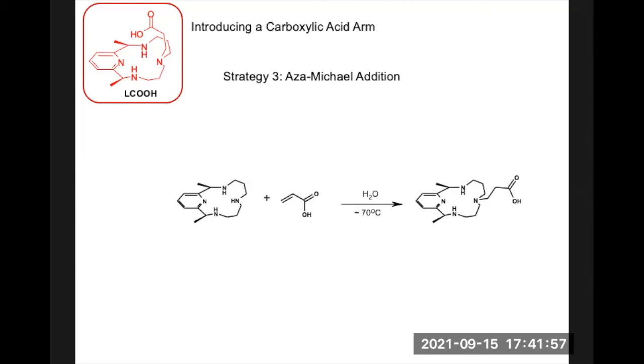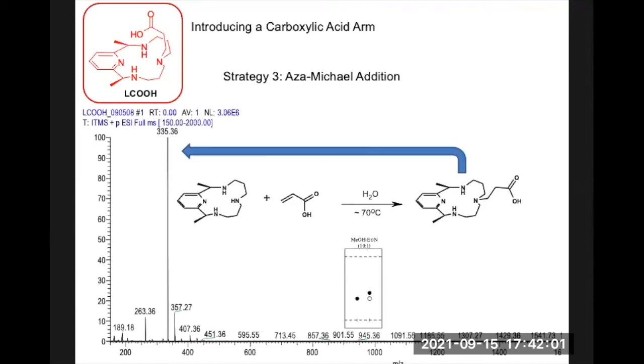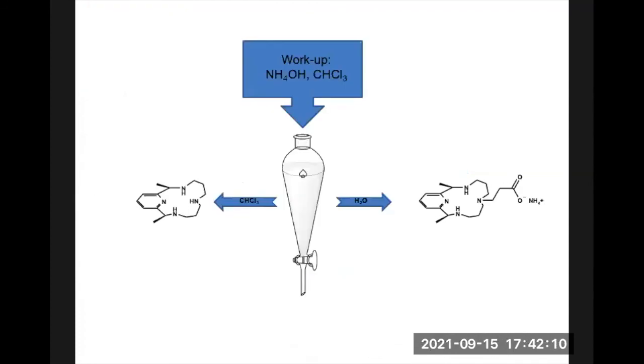You will notice that the reaction mixture contains both the unreacted macrocycle and the target compound. So we need to think of a clever way to separate them. Now, one way to separate the two is to convert the carboxylic acid into a salt and perform solvent-solvent extraction.